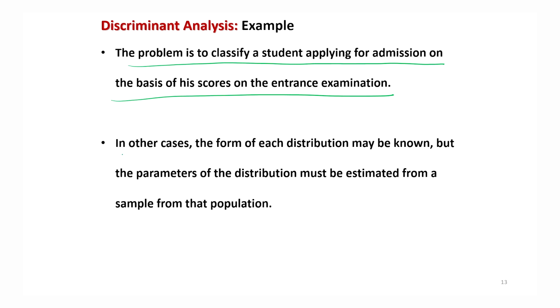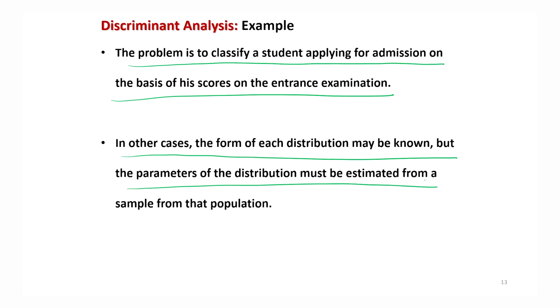So in other cases, the form of each distribution may be known, but the parameters of the distribution must be estimated from a sample from that population. In many cases we don't know what the cutoff should be, but we simply say that the top 20% of students can be accommodated.